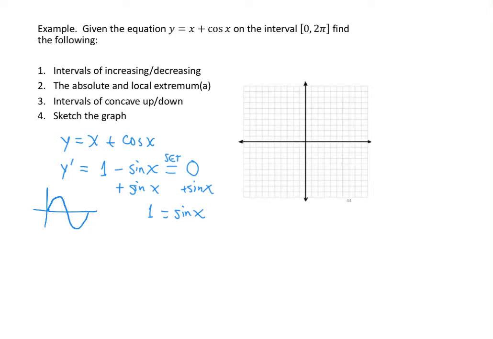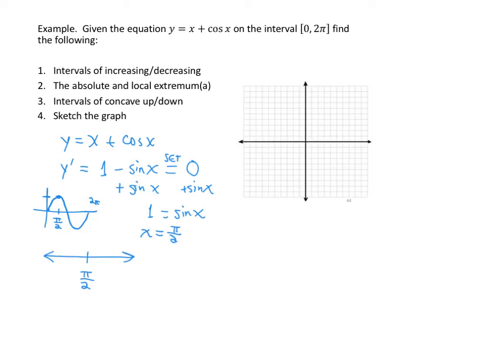The only place where sine of x is equal to 1 in the interval 0 to 2 pi is at pi over 2. That's going to be our dividing point for the first derivative.